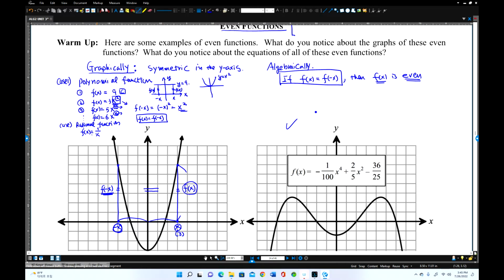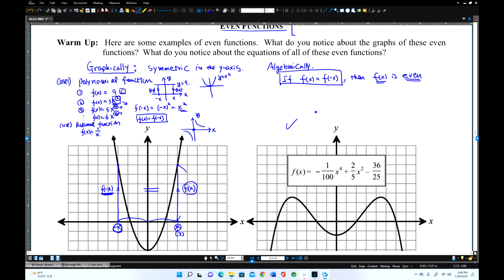This one you can also determine from the graph, because we know the graph of 1 over x looks this way. That is not symmetric in the y-axis. This is actually a reflection through the origin. That is an odd function.